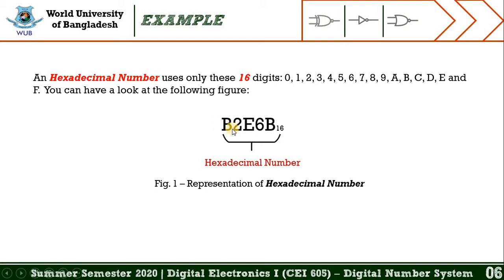Figure 1 represents a hexadecimal number, B2E6B, and this 16 represents the base of the hexadecimal number. As we already know that a hexadecimal number has a base of 16, that's why we are using 16 as a base in this number. So let's move into the next slide.